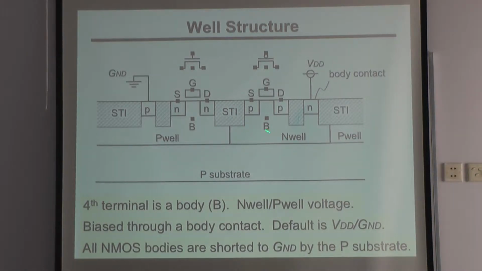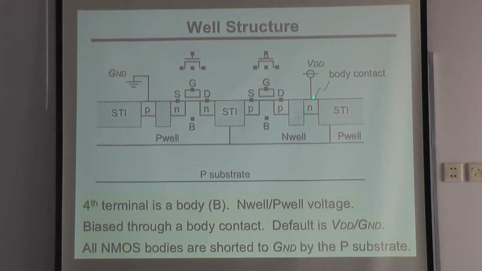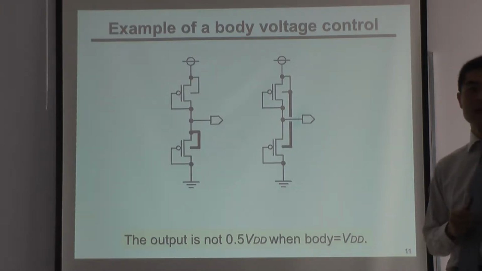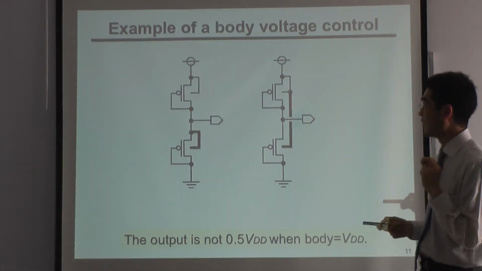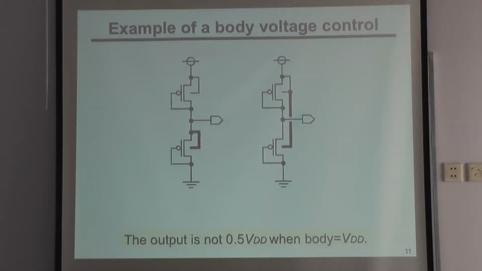On the other hand, the PMOS body is not always VDD. You can use any body voltage from here. For example, we often want to use half VDD for analog circuits, like a bias voltage. In order to make half VDD, we often use this kind of circuit.